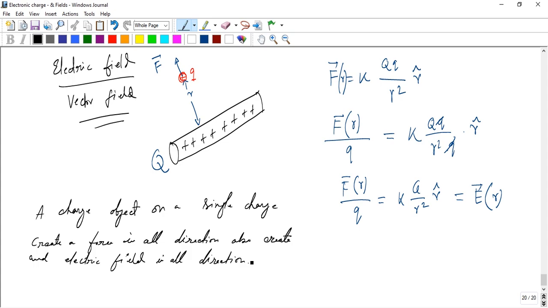Okay, that's very important. That's the final equation of the electric field: electric field E depending on r, with the vector field F of r divided by the test charge q.